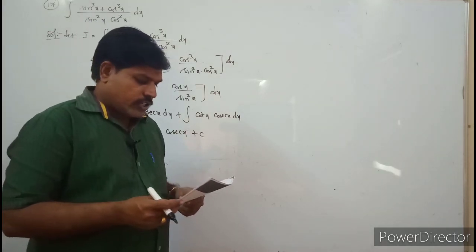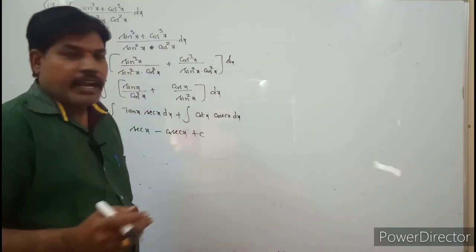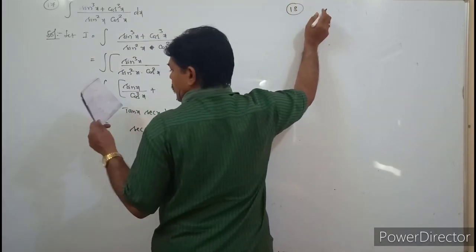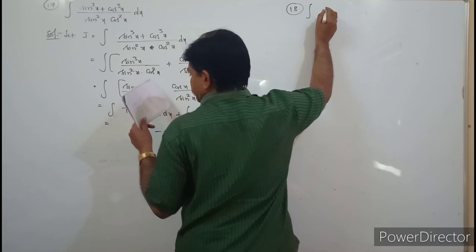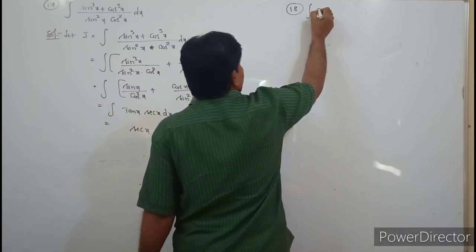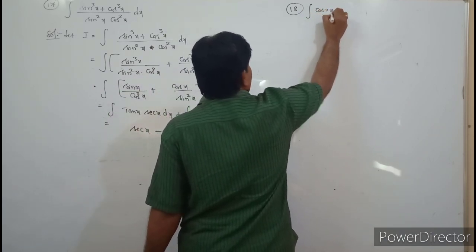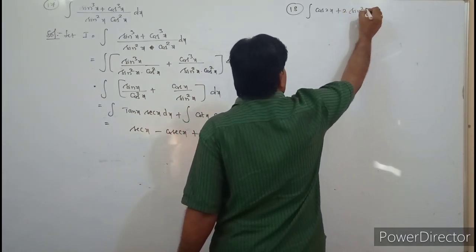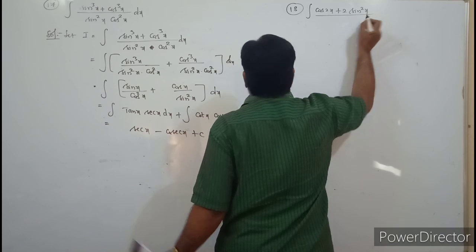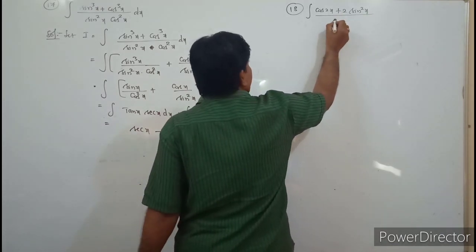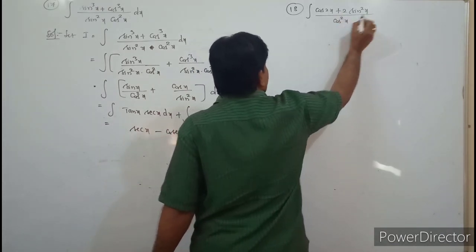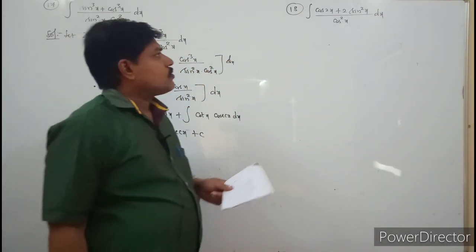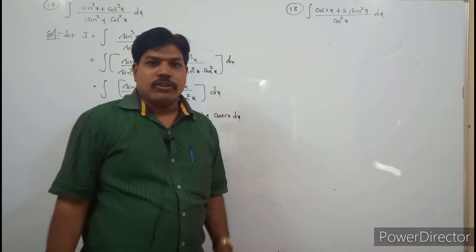So see the next question, question number 18. Integral of cos 2x plus 2 sin square x by cos square x into dx.